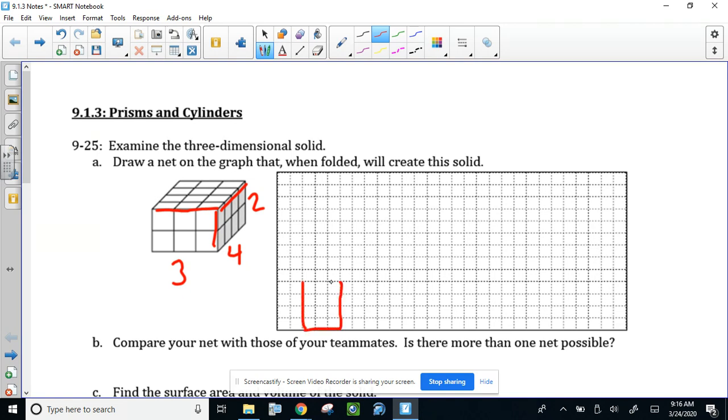So there's my 3 by 4. And then I would have next to it, that would cover this part of the shape. And then next to it, I could have my middle part, which would be here. This would be our 3 by 2. And then I would have the bottom, which would also be a 3 by 4. 1, 2, 3, 4. And then again, the 3 by 2 that would wrap around the other side.